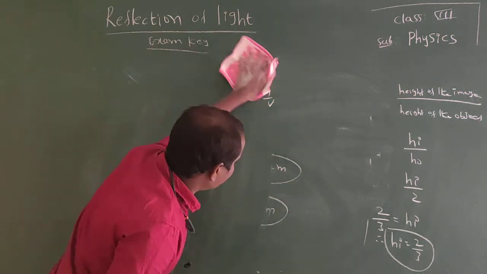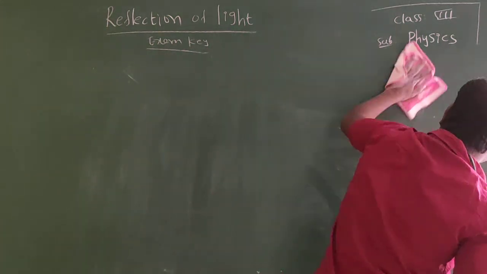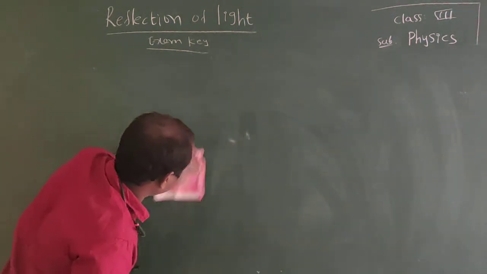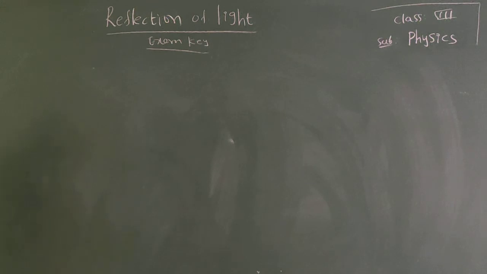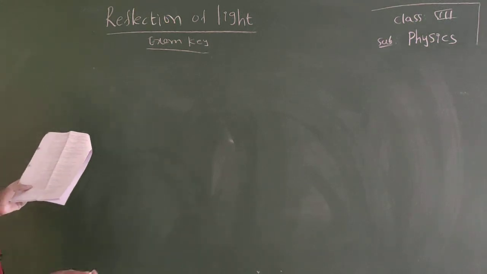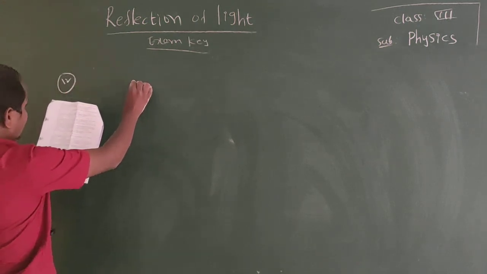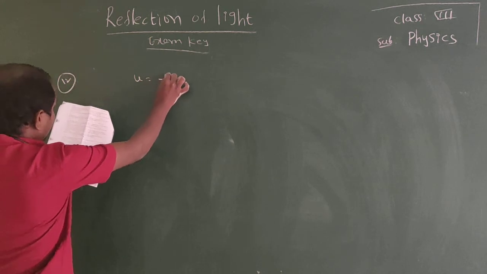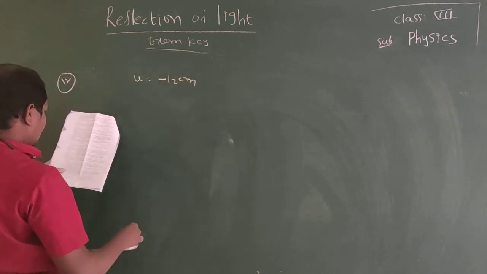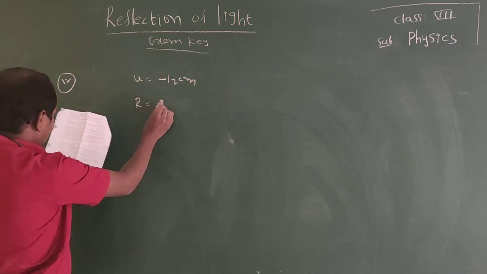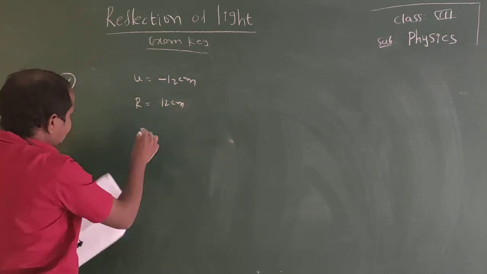Here the object distance u equal to minus 12 centimeters, and the radius of curvature r is given, r equal to 12 centimeters.